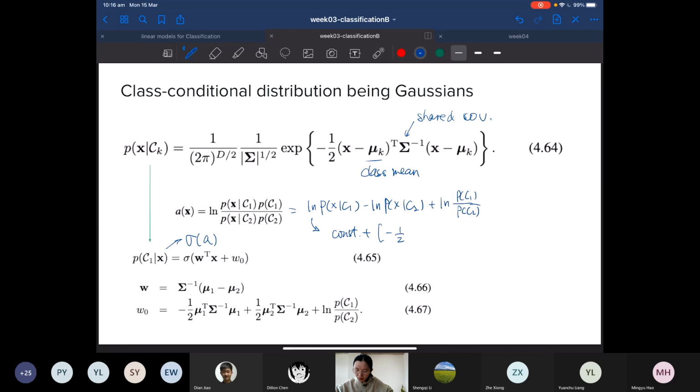One half of x minus mu1, transpose, sigma inverse, times x minus mu1. And we have a similar term, but with the opposite sign, for class 2.